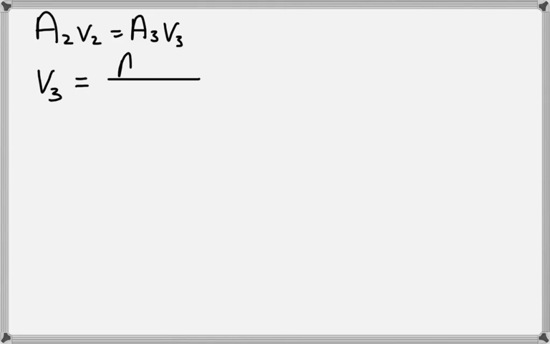Actually, I'm going to do the A2, V2 equals A3, V3 equation. That's just continuity. Once the water is moving through that pipe, the volume flow rate is going to be constant. And so V3 equals A2, V2 over A3.